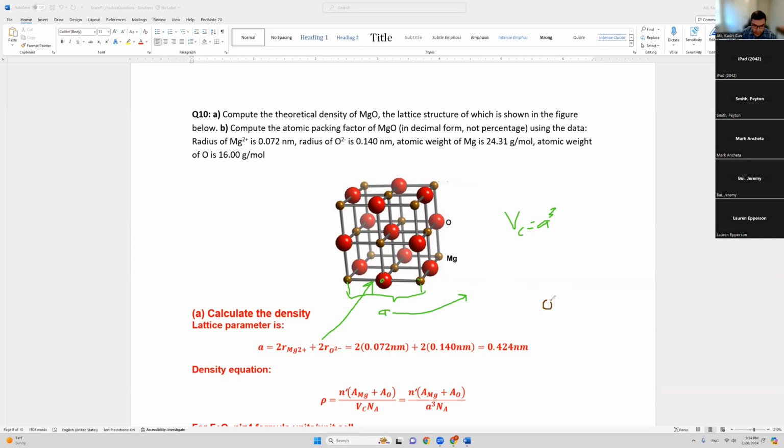So this is the small magnesium atom, and this is the oxygen anion, right? And I have another magnesium ion here. It will be like this.